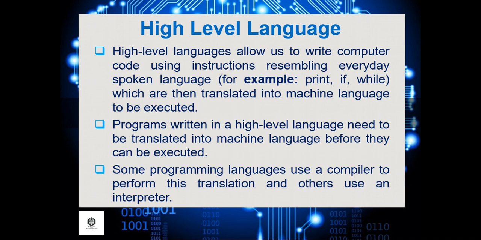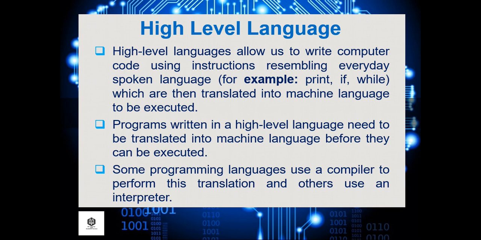Let's define the high-level language. High-level languages allow us to write computer code using instructions resembling everyday spoken language, for example, print, if, while, which are then translated into machine language to be executed. Programs written in a high-level language need to be translated into machine language before they can be executed.